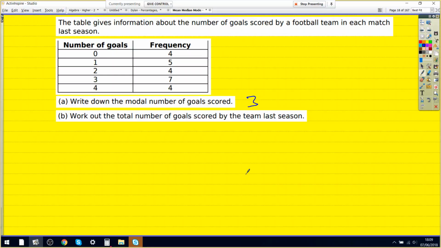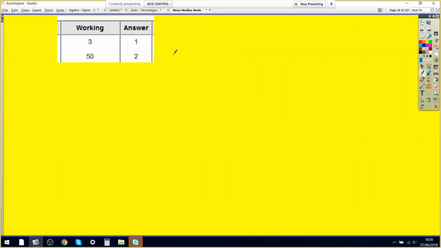So 5, 8, 49. 5, 8, 21, and 16. Is that what you got? And you added them up? Yeah. Okay. So that was 3. Oh, it was 50. Okay. You're using the right method anyway. Just one off.